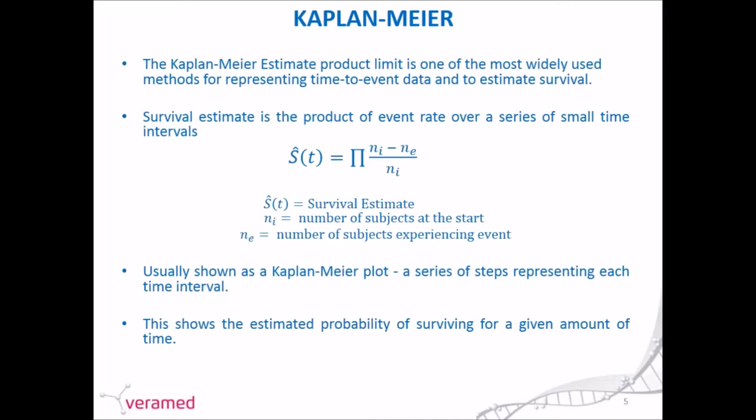So the survival estimate is equal to the product of that equation there, where you calculate the event rate as the number of subjects remaining over the number of subjects at the start. And this is usually represented using a Kaplan Meier plot, where you use a series of steps which cover each of those small time intervals. And this will show the estimated survival over time.